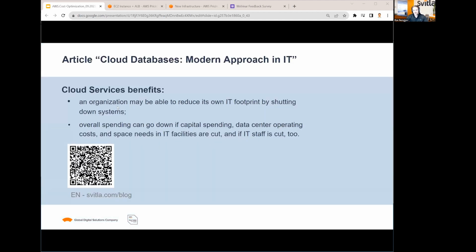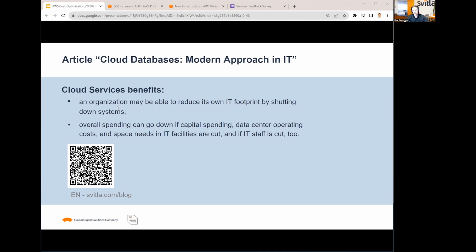Let me start with an interesting story. Several months ago, the team and I published a post called Cloud Database Modern Approach in IT. This post spoke about cloud databases, where we considered different kinds of databases which we could use in the cloud as a service in different deployment models from IaaS to SaaS, and discussed how to select a particular cloud database service. Obviously, because they are cloud, we spoke about cloud service benefits.